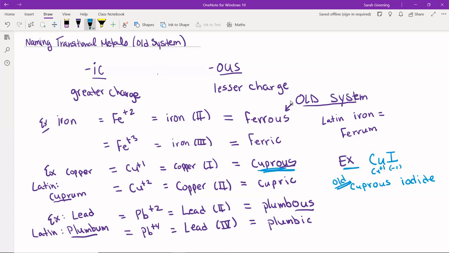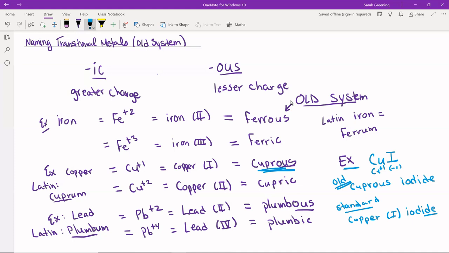This is the old system. But if we were looking at the standard system, we would then have copper, the name of the transition metal, with Roman numeral 1 indicating the charge, and then, of course, the name of the nonmetal with its ide ending. And there you are.